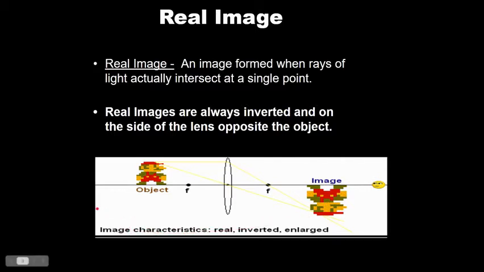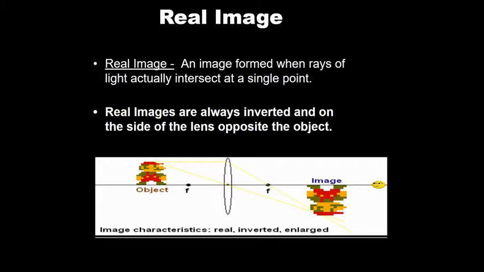So Mario's feet on the principal axis in the object, Mario's feet will also need to be on the principal axis in the produced image. This produces an image that is inverted or upside down. Whenever we see an inverted image, we know that it's a real image. So real images are easy to spot because they should always be upside down and they form where light rays actually cross.